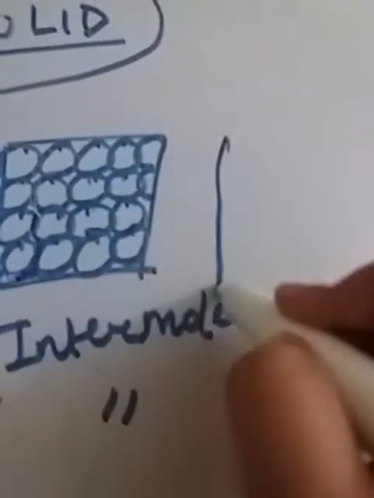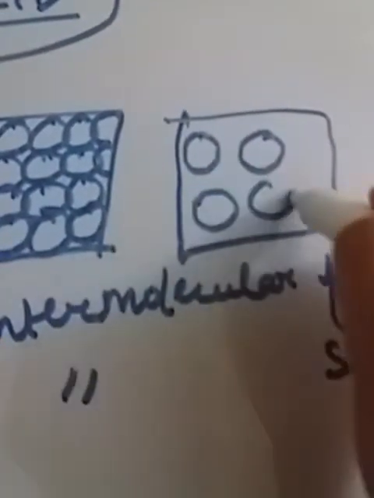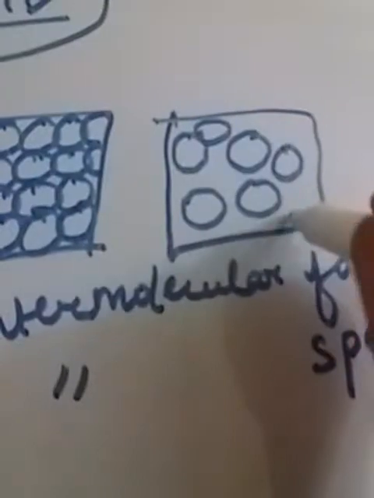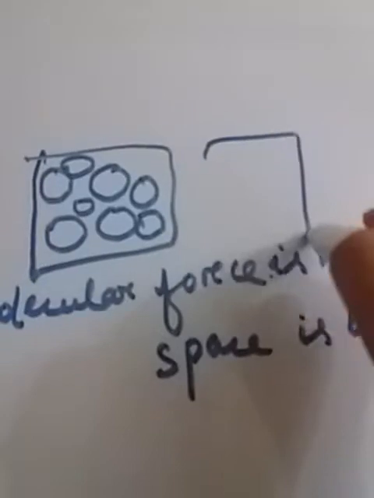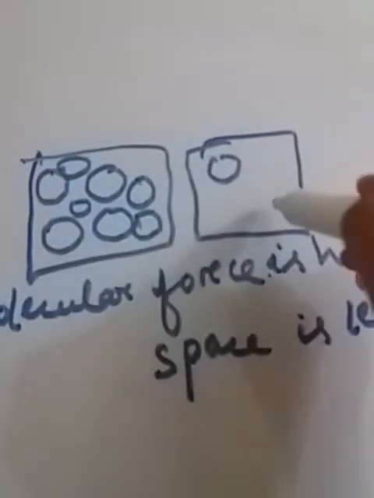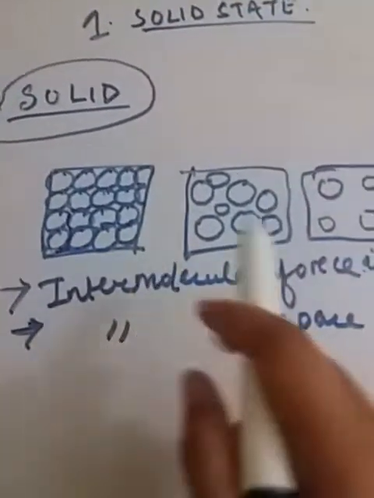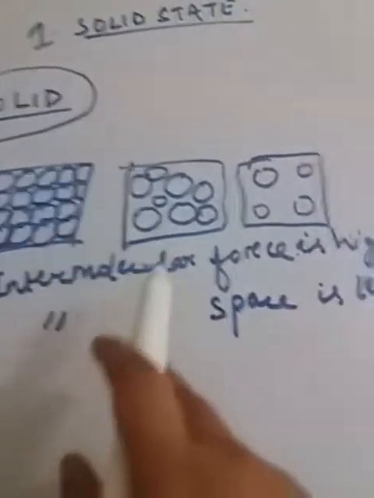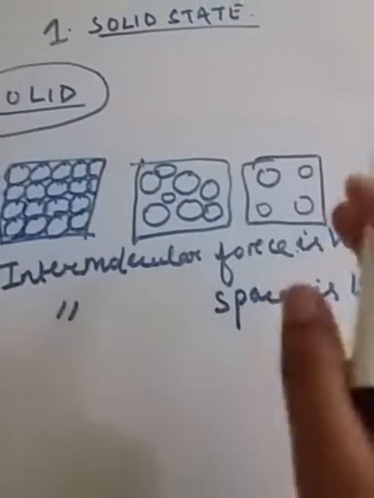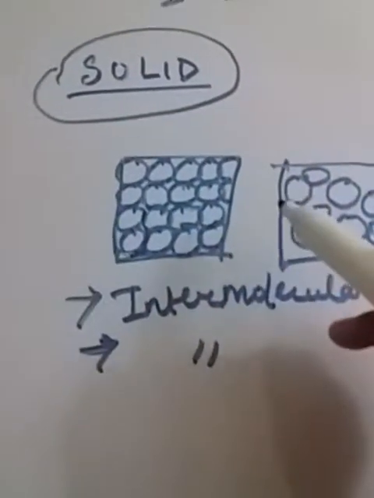But in the structure of liquids, the particles can move, and in gas there is even more intermolecular space. So this is how the structures are divided. From this structure of solid you can guess that intermolecular force is too high, but intermolecular space is too less, because we hardly find any space between.